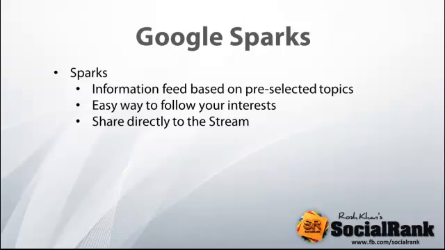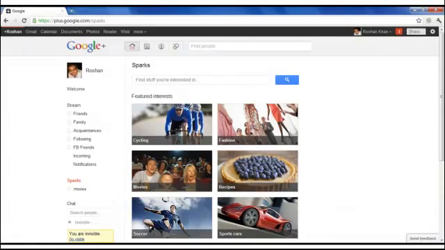And what you see is based on people in your circle, it's based on their +1s, and it's based on web search. Or you can select that topic as something you like to visit often, so it's just a click away. Here's a screenshot of Google Sparks, and you'll see that I set up movies as a spark for me.